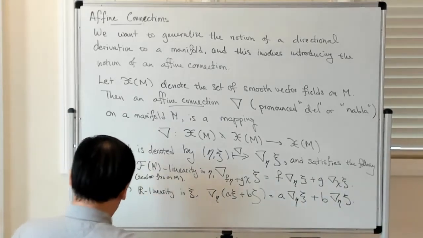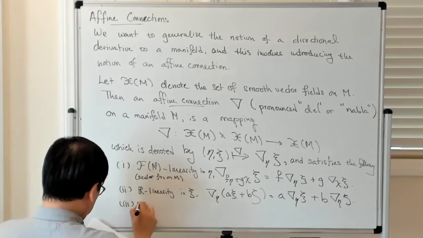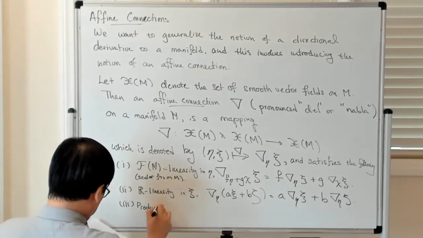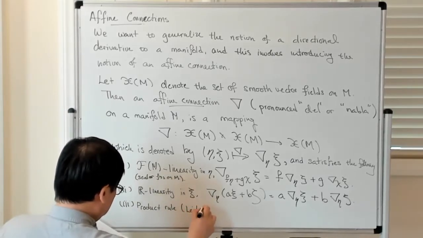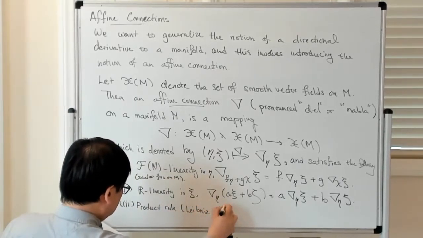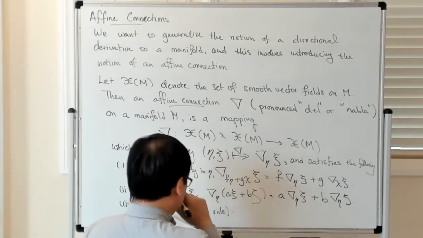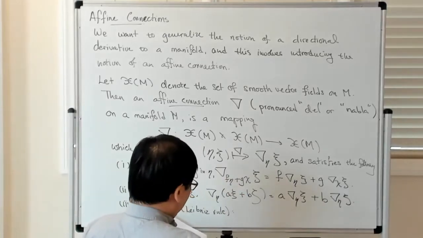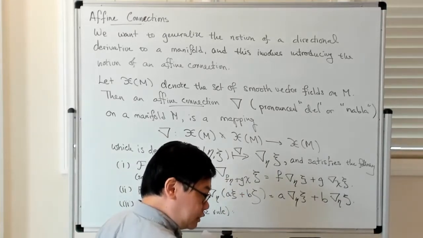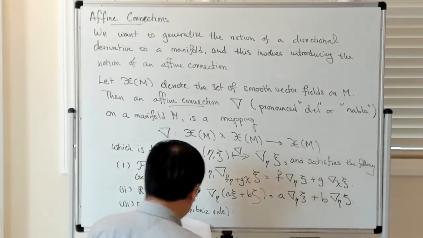Okay, and then the third one is a product or Leibniz rule. This has to do with the fact that this is going to be something like a directional derivative, and the directional derivative satisfies the Leibniz rule. So you want this to satisfy the Leibniz rule as well.